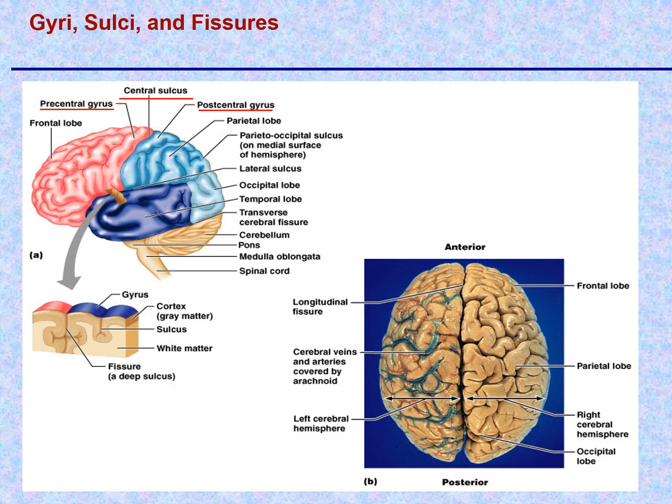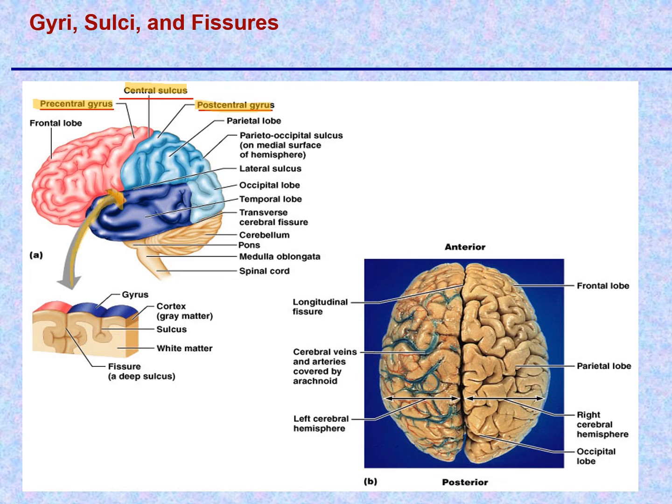In this diagram on the upper left side, we see the central gyrus, which forms the boundary between the temporal and parietal lobe, and just anterior to that central sulcus, we have the pre-central gyrus, and just posterior to the central sulcus, we have the post-central gyrus.